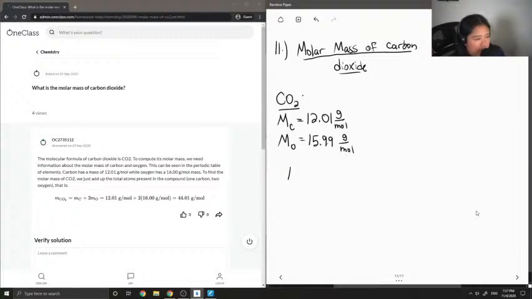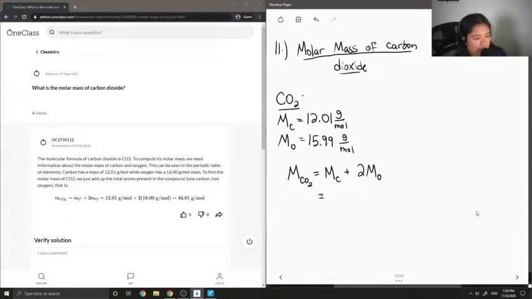And then to find the molar mass of carbon dioxide, all it is is the molar mass of carbon plus 2 times the molar mass of oxygen. So this is because there are 2 atoms for every 1 molecule of carbon dioxide.